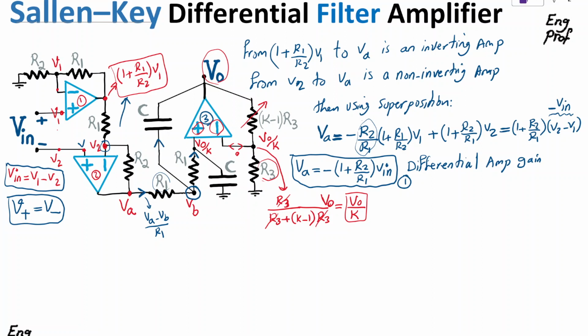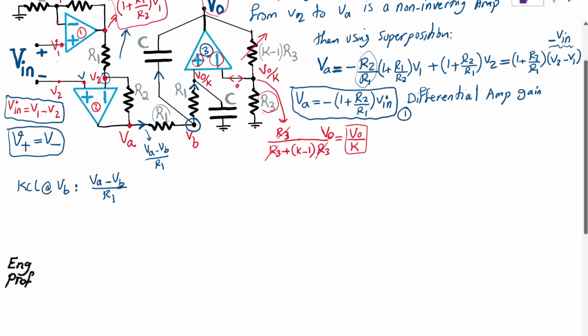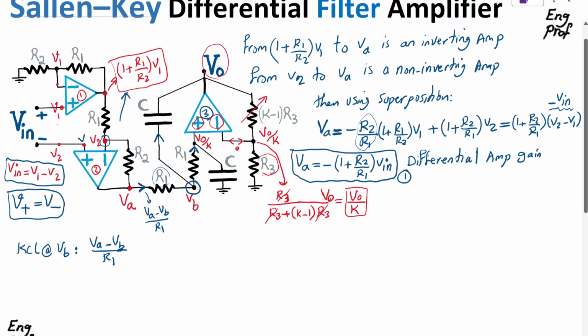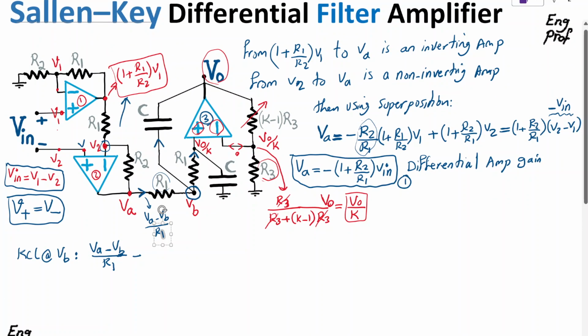So using KCL at the node that has voltage VB, VA minus VB divided by R1 should be equal to the two other currents.